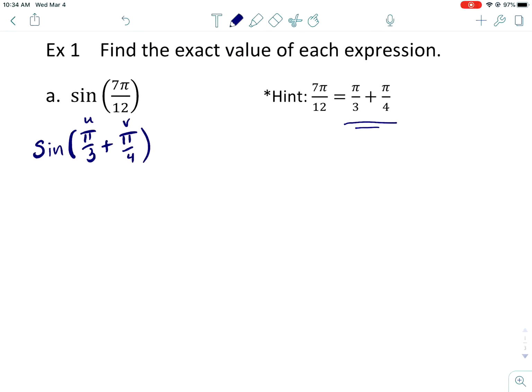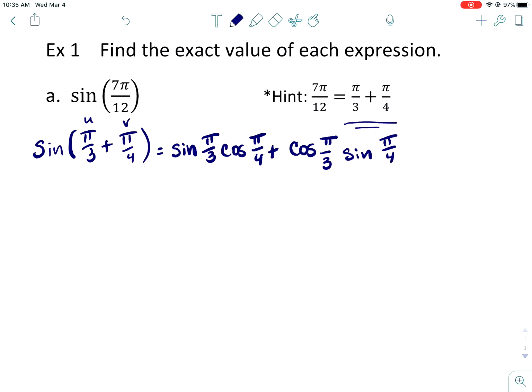And then we're just going to use that identity, and where u is, we're going to write pi over 3, and where v is, we're going to write pi over 4. So let's just sub in the angles for our problem into the identity.